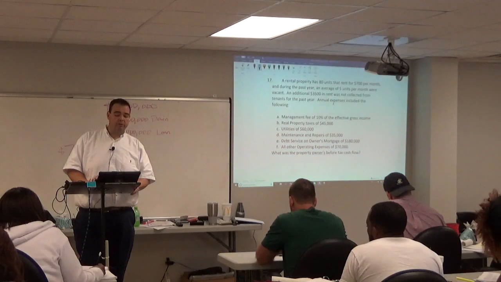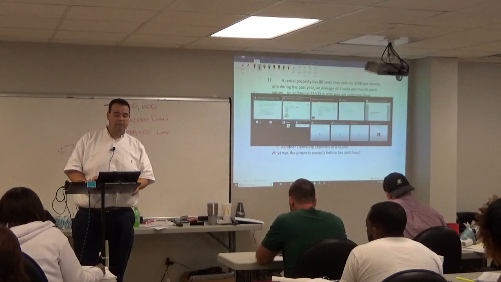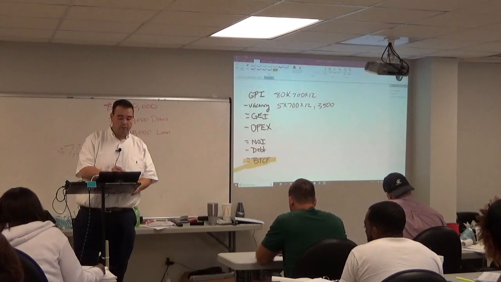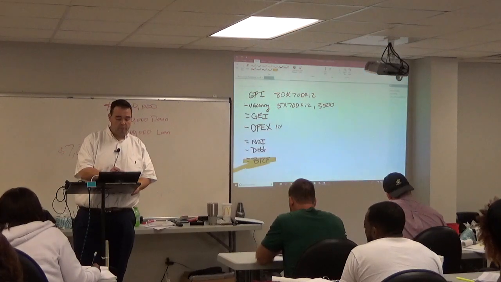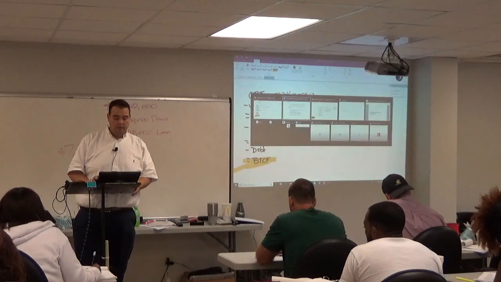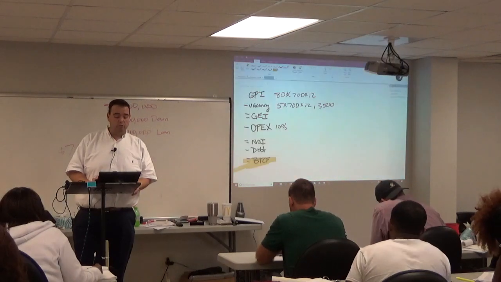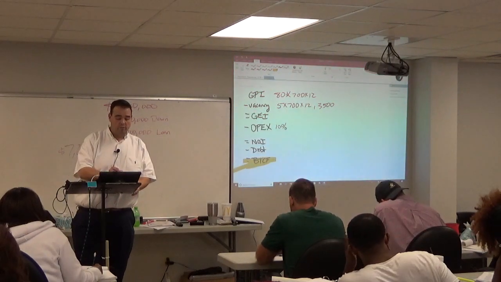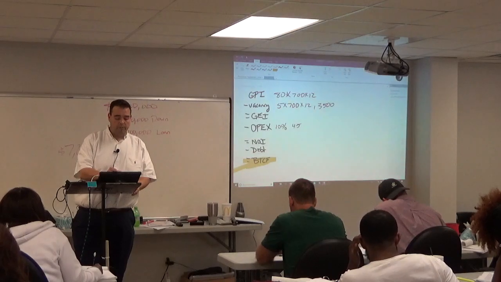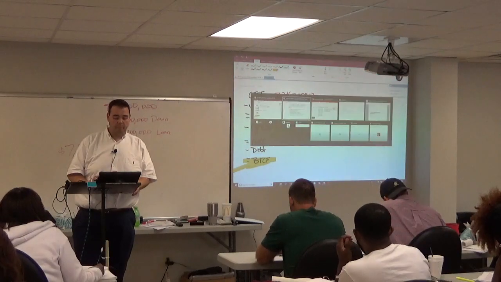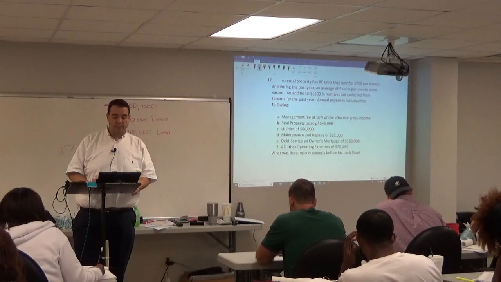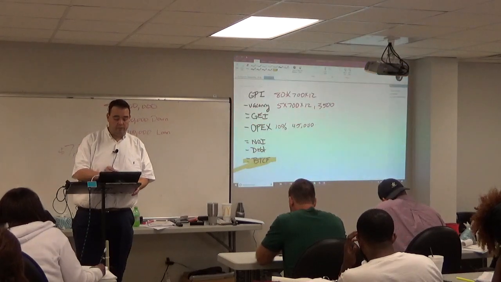Additional expenses included the following: a management fee of 10% of the effective gross income. So down here on the operating expenses line, I'm going to put 10%. All right. I've also got property taxes of $45,000. What line do property taxes go on? Operating expenses, right? Utilities, $60,000 is an operating expense.